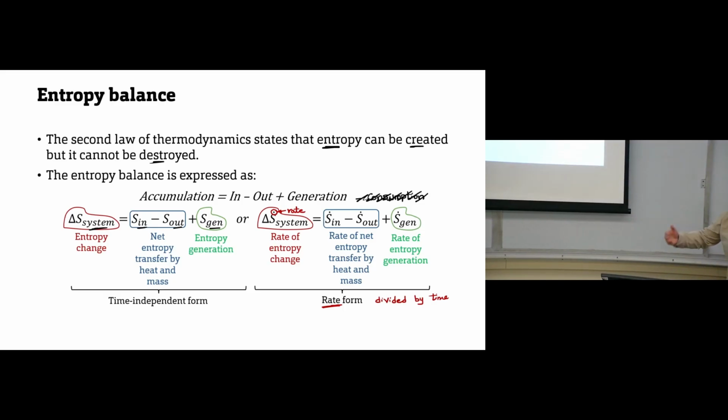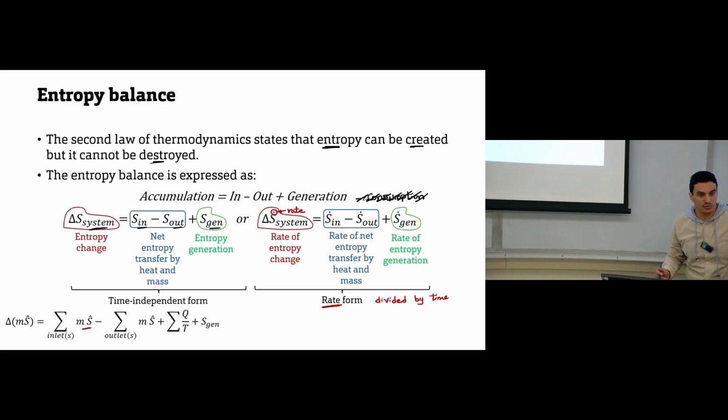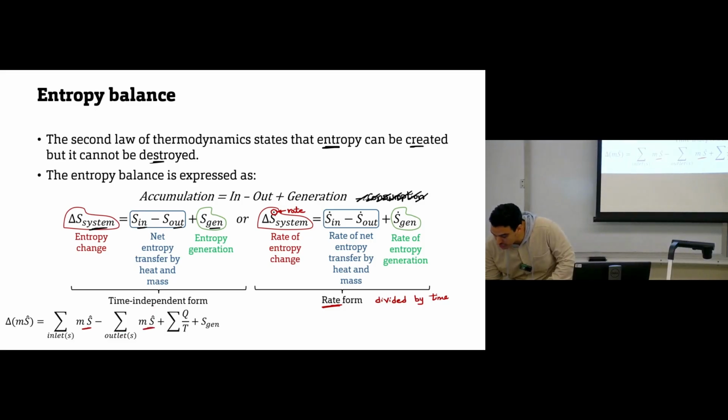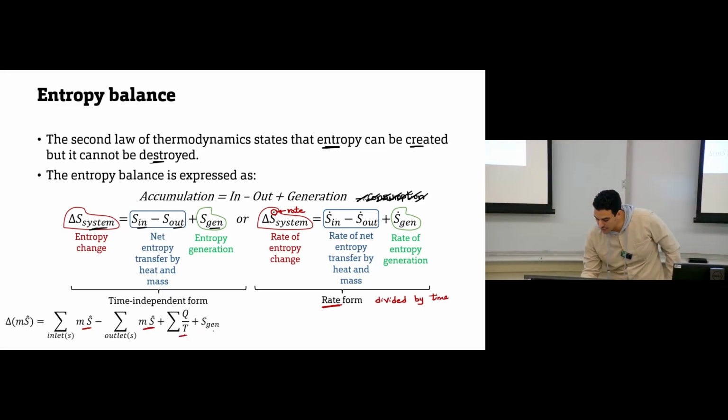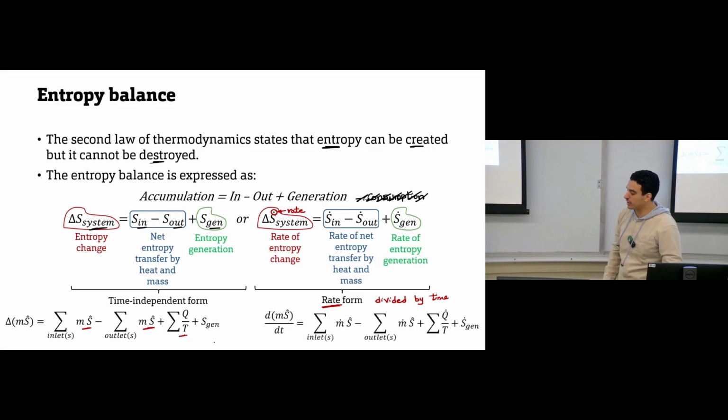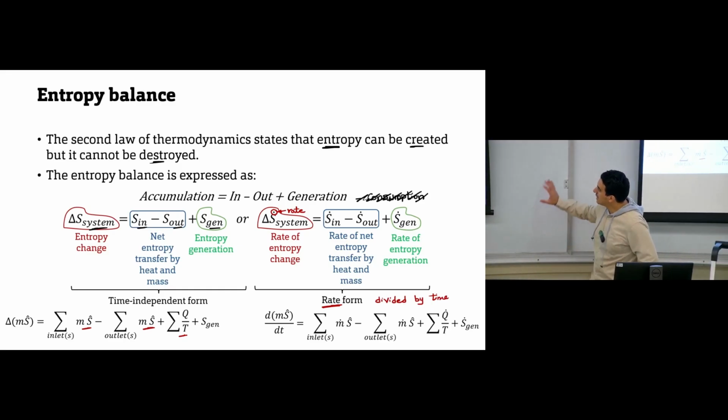If we have multiple inlets, multiple outlets at the same time plus heat plus work, then we can say the delta S of the system, the entropy change, is the summation of the entropy of the inlets minus the summation of the outlets minus the summation of Q over T plus S generation. In the rate form, we have the same equation. This is the general form we have for entropy balance.